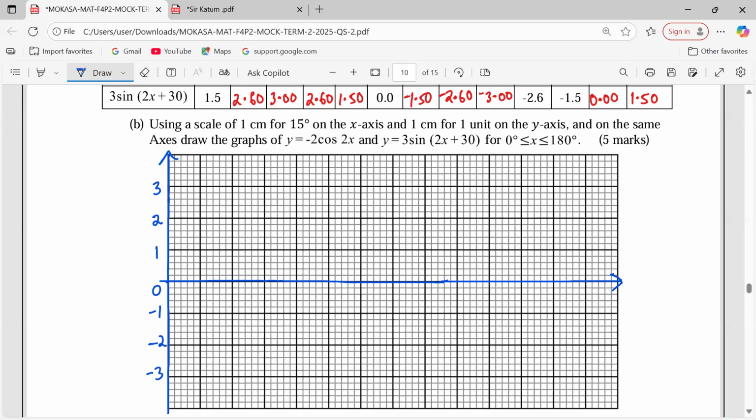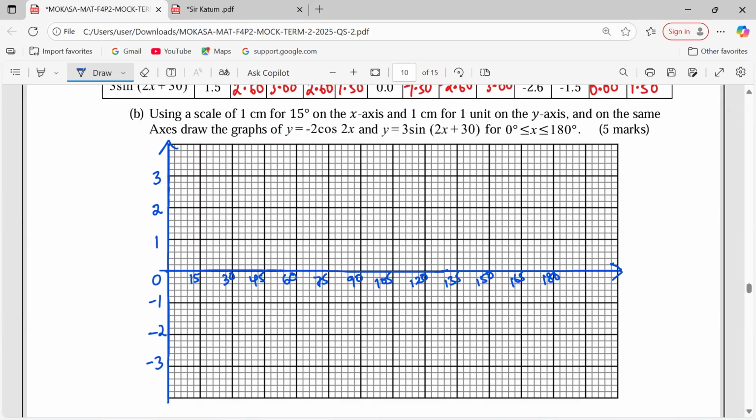Then for the x, 15, 30, 45, 60, 75, 90, 105, 120, 135, 150, 165, 180, that way. Those are the intervals that the examiner is demanding.